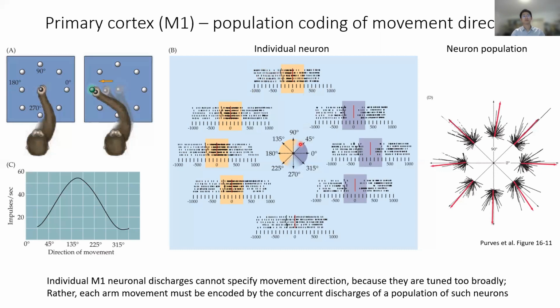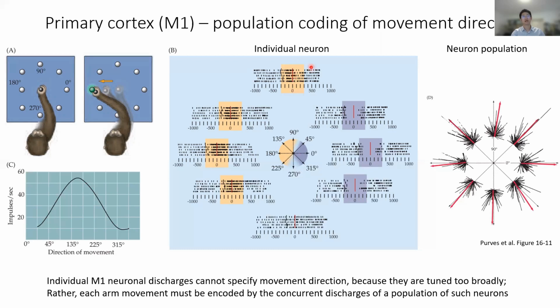For example, this represents the monkey doing 5 trials of the 90-degree reaching movement, and 0 here is the movement onset. We see that in this direction, 90 degrees, at around the movement onset, this neuron in the M1 area becomes more active.